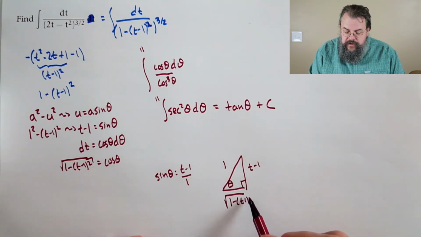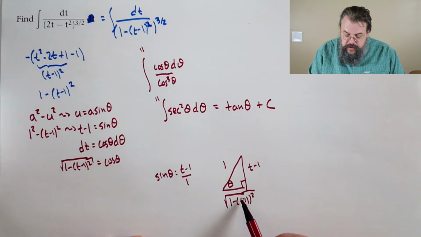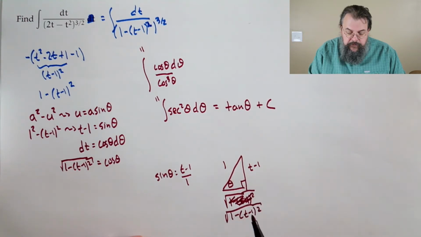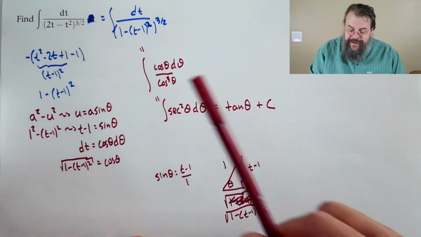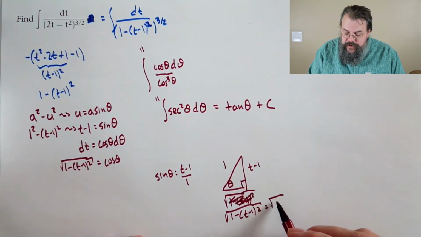But wait a second, we have a name for that. That is, whoops. Okay, that's a little sloppy there. Square root 1 minus t minus 1 squared. That's what we started with. So it's really the square root of 2t minus t squared.